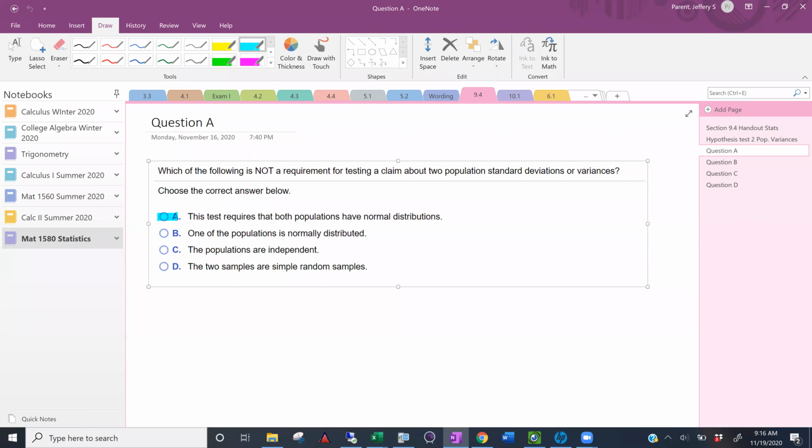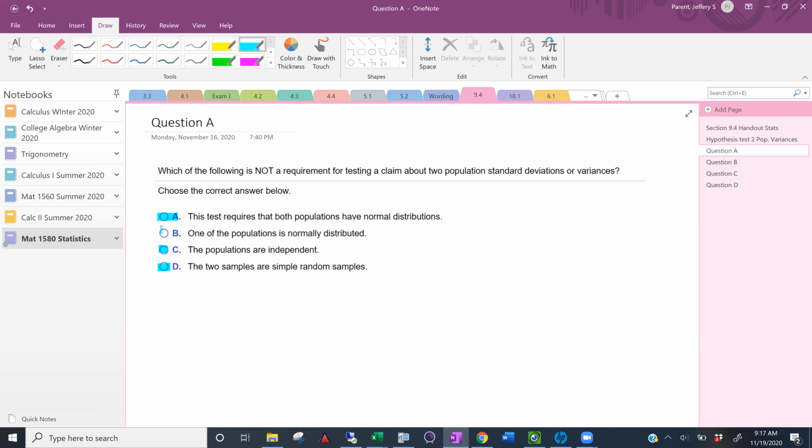Now, that's certainly one of the requirements. The two samples are simple random samples. I don't think I put that on my sheet, but that's true. The populations are independent. So at this point, if you're doing an SAT test, if you've eliminated 3 of these, then the last one has to be your answer.